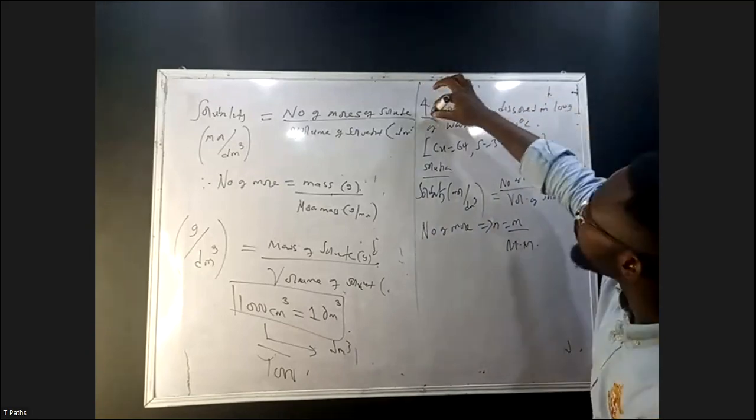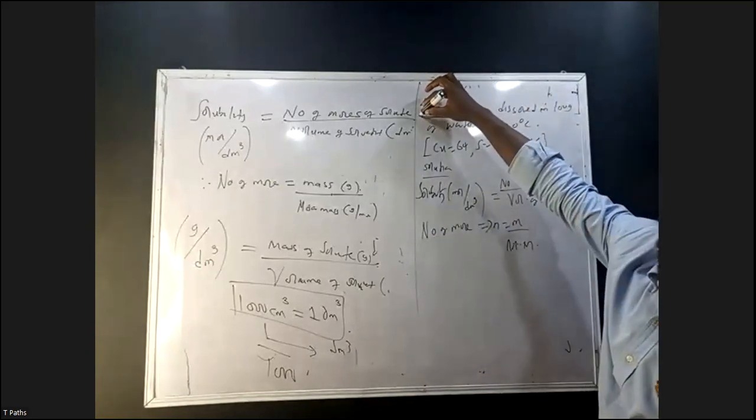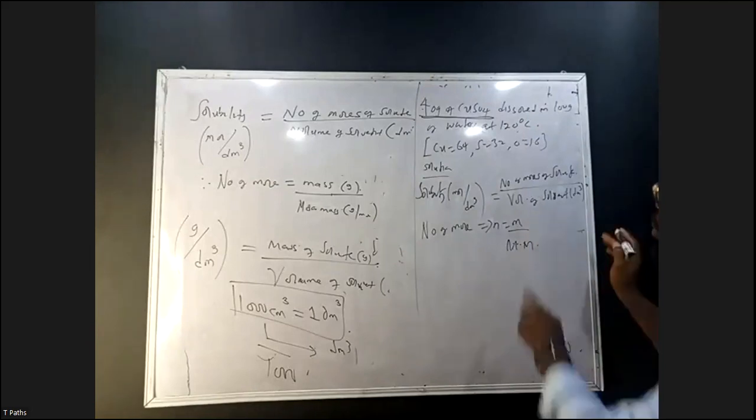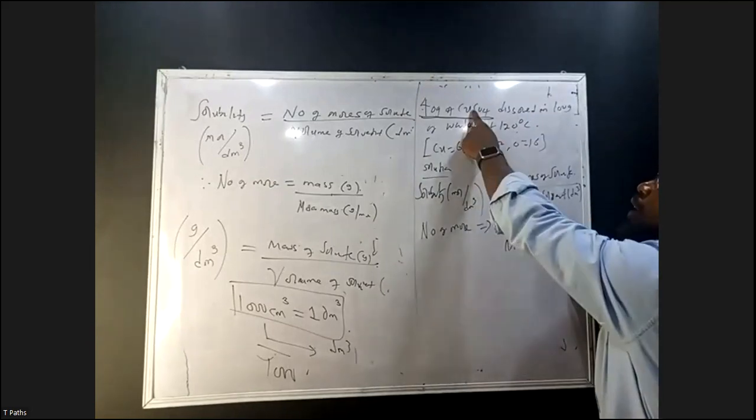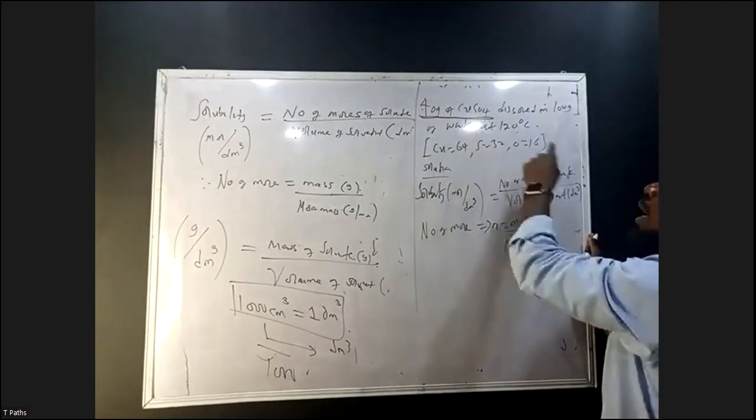In this problem, we have been given the mass of the copper sulfate that is being dissolved. But we don't know the molar mass. Thank God we are given the formula, so we can get the molar mass.